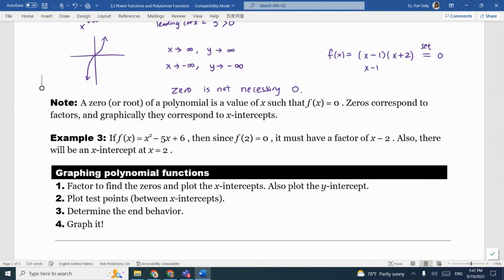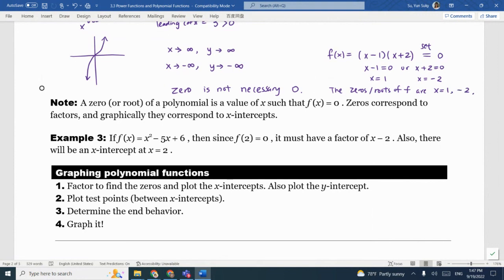We have the first factor equal to 0, or the second factor equal to 0. So the first factor gives x equals 1, the second gives x equals negative 2. Yes, everybody? So the zeros or roots of the function are x equals 1 and x equals negative 2.